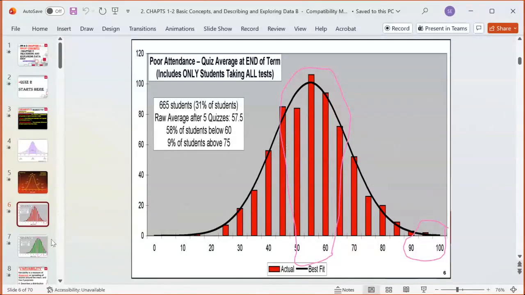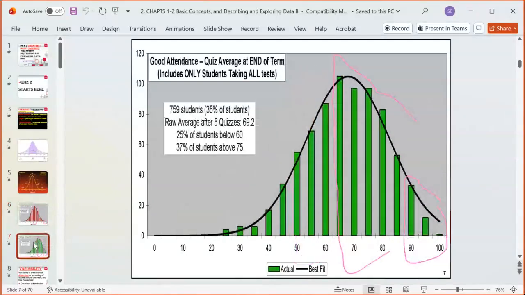On the same token, good attendance, you will see right in the middle, the majority of students score 70s and 80s, and we have some 90s, even good 90s, 95s, and even 100.